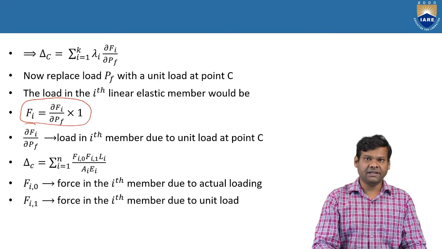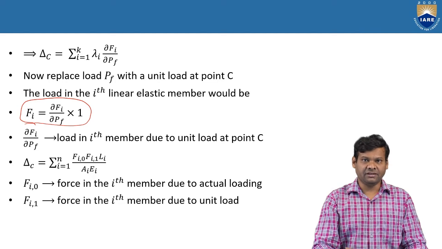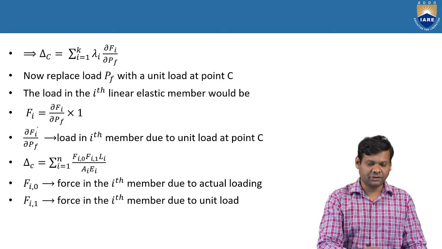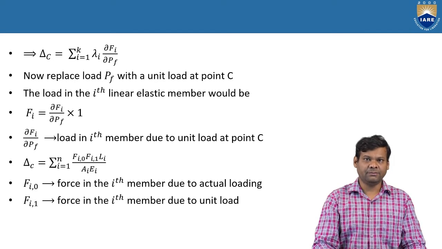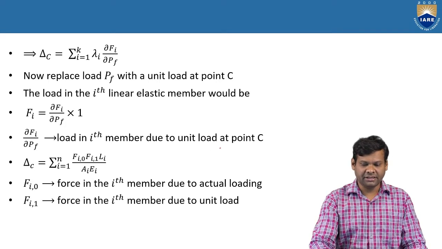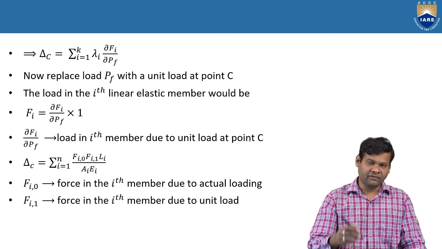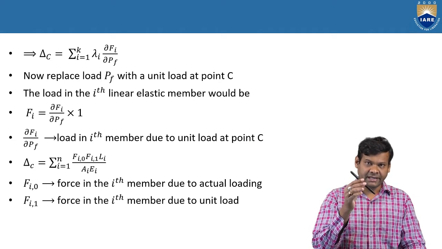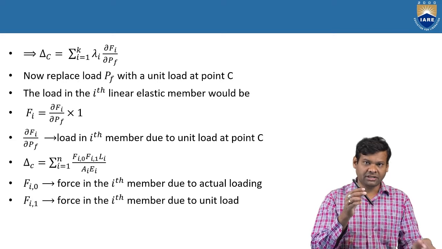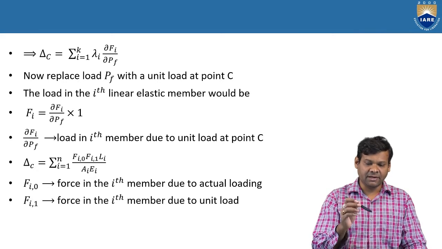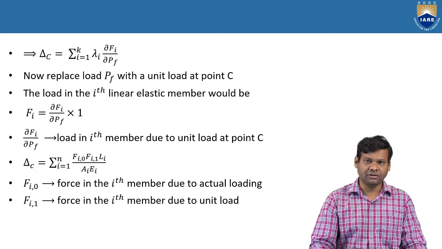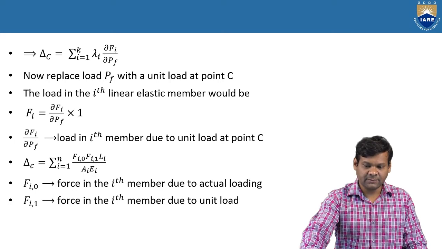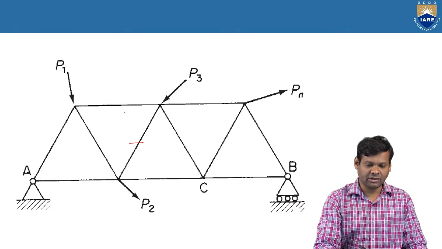Here we have replaced the load Pf with a unit load. This is one of the most important points. The term dou Fi by dou Pf is the load in the ith member due to a unit load at C. When you apply a unit load, it is the load which is acting in the ith member because of the unit load at point C. This ith member might be either this element or this element.